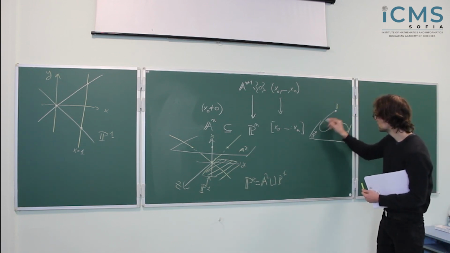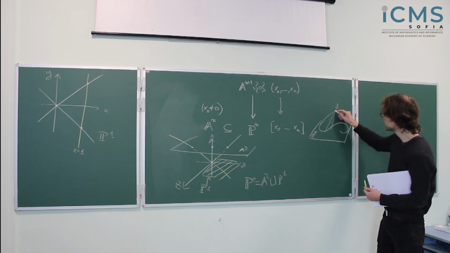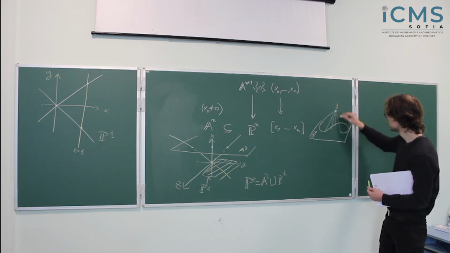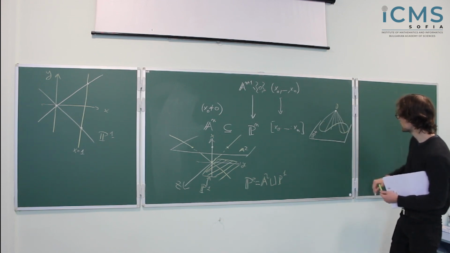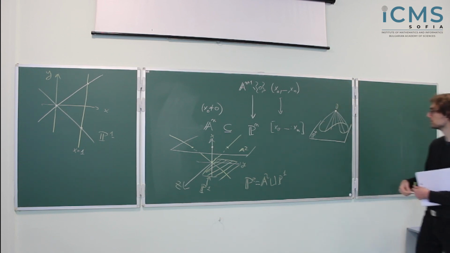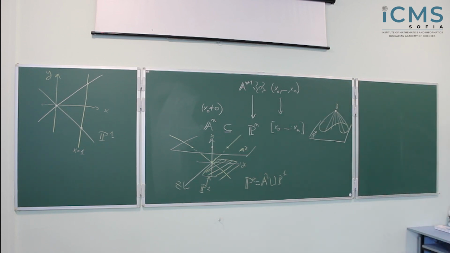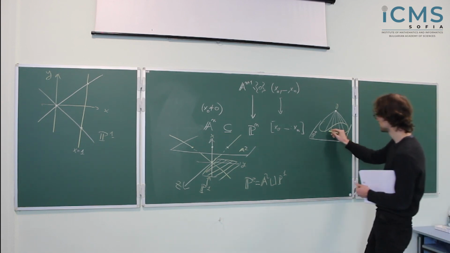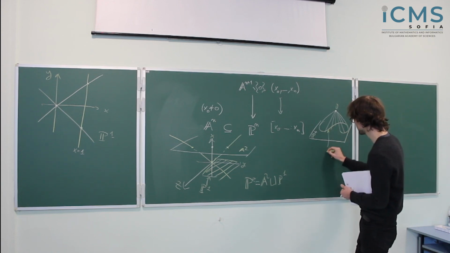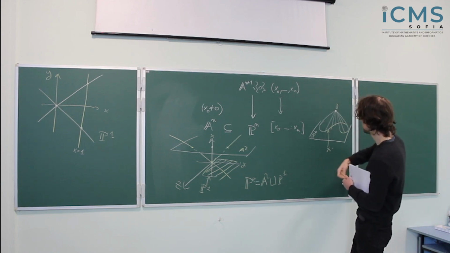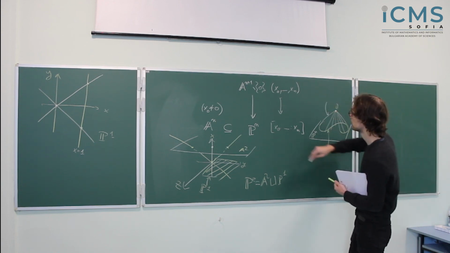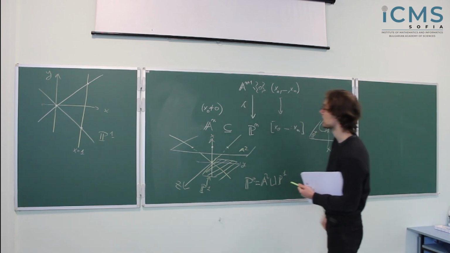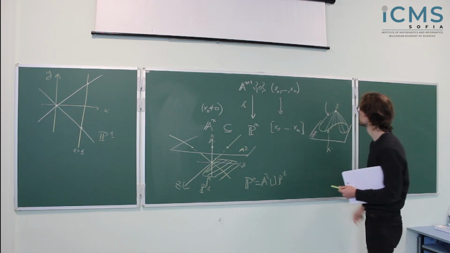And we can consider all the lines that go through the origin, something like this. And this forms what is called a cone. Okay, so this is X, and this whole thing here, if I call this something like the projective pi, right?